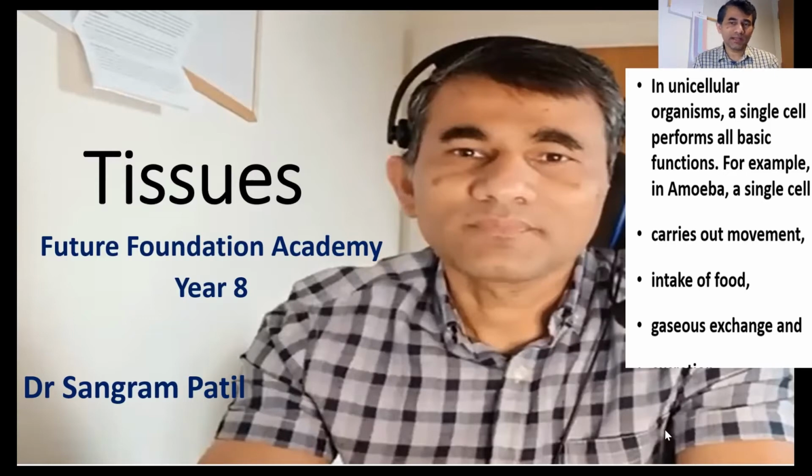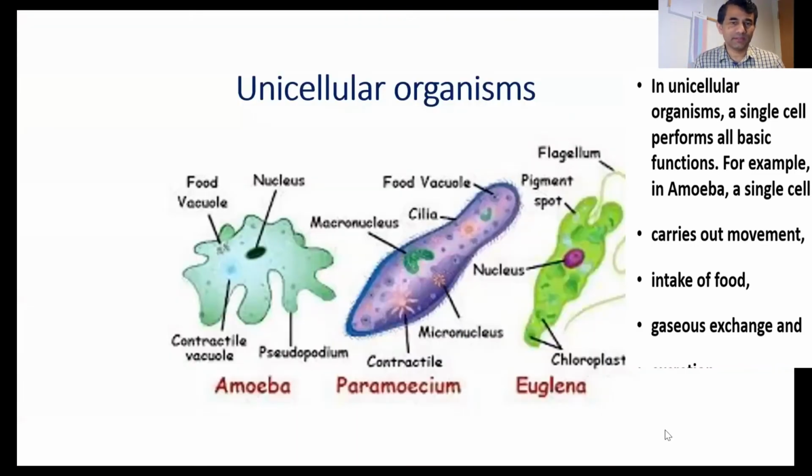So unicellular, as the name suggests, uni means one. They are made up of just one cell. And we have some examples of that you can see on the screen. They can be amoeba or unicellular paramecium or euglena. These animals have only one cell, and one cell performs all the functions.